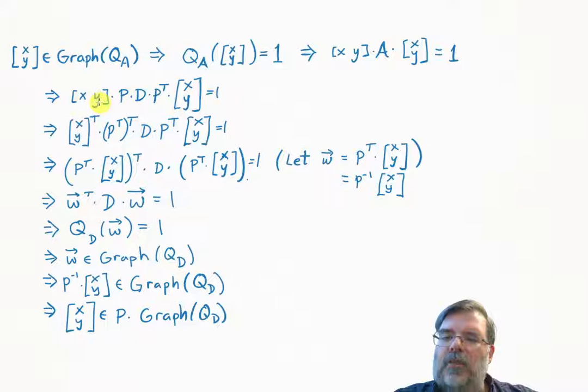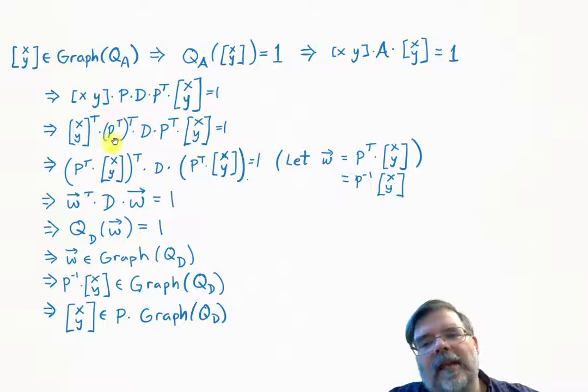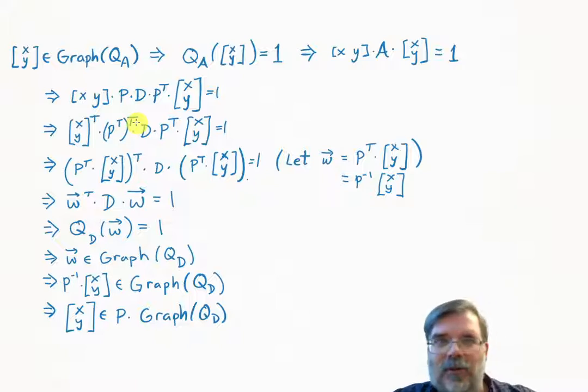Now this row vector (x, y) is the transpose of the column vector (x, y). And the matrix P, I can write that as P transpose transpose, because two transposes cancel out. It seems kind of weird to introduce some complexity, but it's going to simplify out very nicely in a moment. So now, on the left, I've got two transposes next to each other, so I can factor out a transpose here, the catch being, hopefully you remember this, the transpose of a product is the product of the transposes in the reverse order.